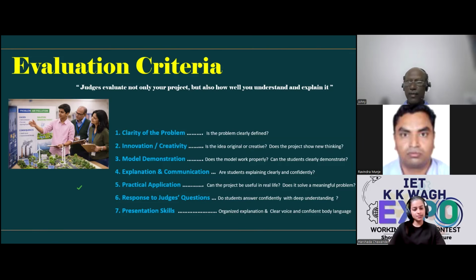Judges are going to ask questions. It can be a technical question. It may be a question to clarify because they could not understand what you are talking about, or it could be a question which is trying to probe whether you have understood the project correctly. Judges may have understood the project quickly, but they want to probe whether you have just mugged up something and are trying to explain, or have you really understood the theory behind it, or the concept behind it, or the solution behind it.